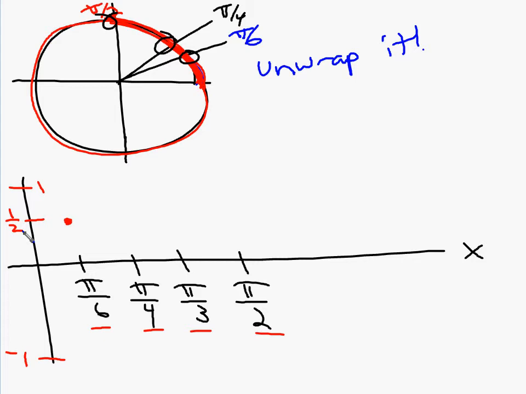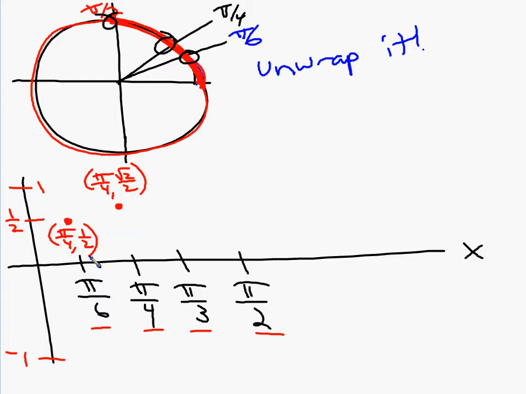And then we said the sine of pi fourths was radical 2/2. Well, didn't we say that radical 2/2 is about 0.707, right? So I come up a little bit farther to here, and that has the coordinate of pi fourths, radical 2/2. This one has the coordinates pi sixth, 1/2.